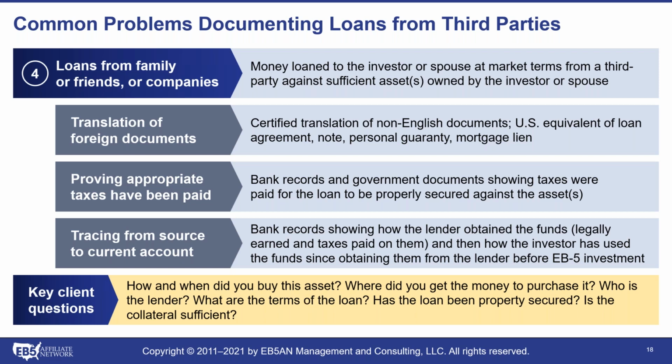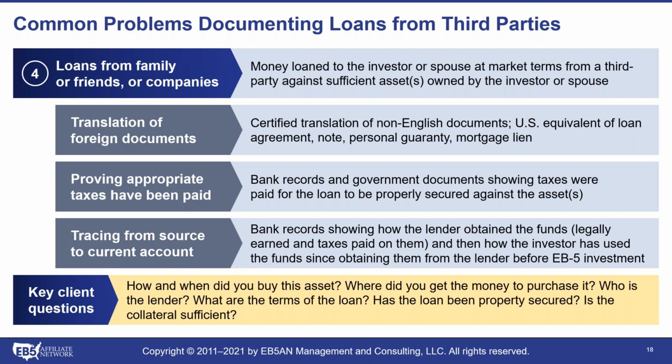I think there is a high level discussion that needs to occur at the beginning of any EB-5 investor's process. What are the different options? What I like to go through are: where are the funds now?